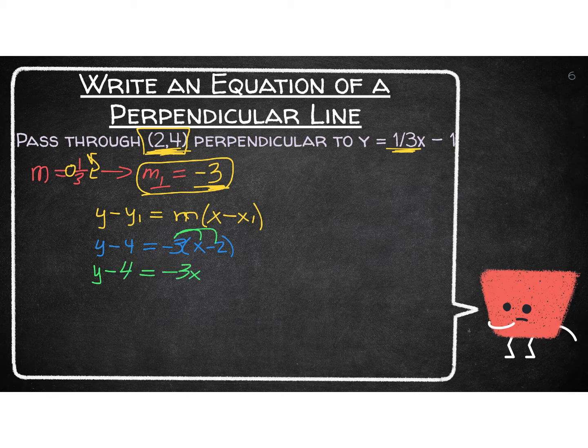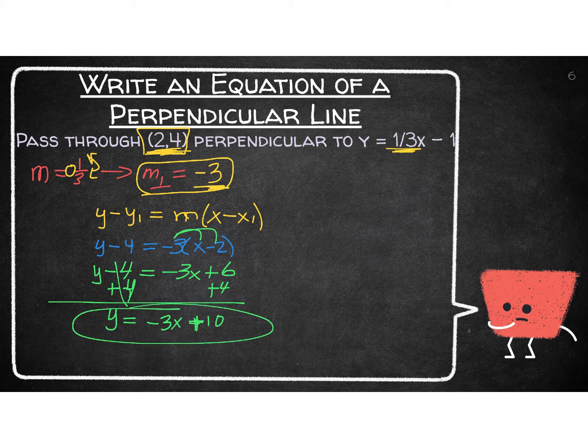Negative 3x plus, because negative 3 times a negative 2 is a double negative, making it a positive 6. Add the 4. And y equals negative 3x plus 10 would be the perpendicular through the point 2, 4, that is perpendicular to the line 1/3 x minus 1.